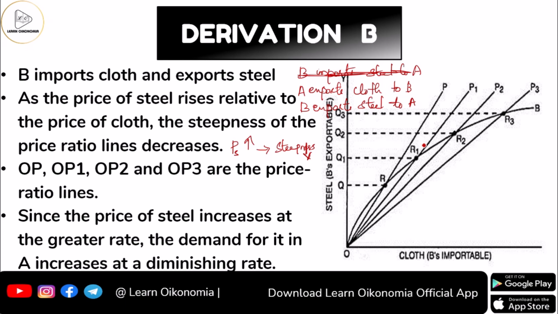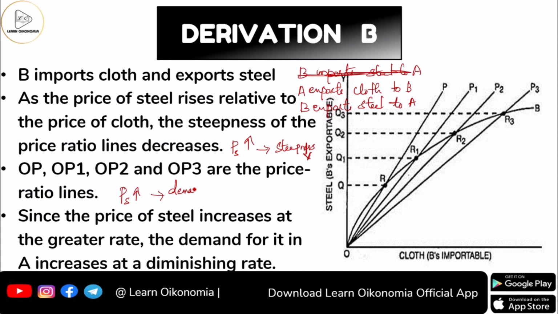So let's consider. Whenever you go from OP to OP1, then to OP2, and from there to OP3, you can see a change in the steepness. Now, since the price of steel is increasing, that will be influencing the steepness that we have already seen, and especially it increases at an increasing rate. Then what happens to the demand for steel?